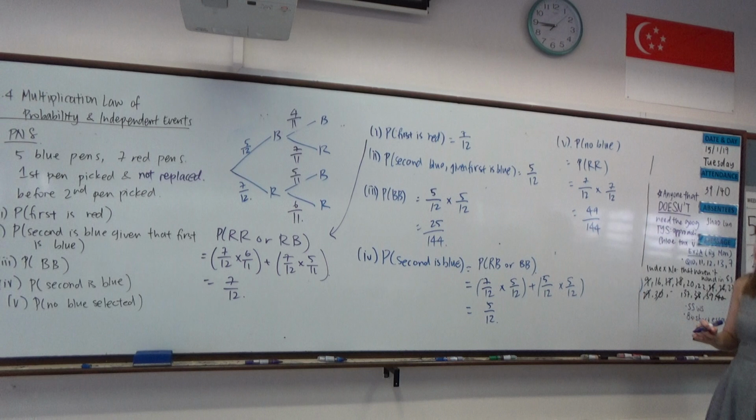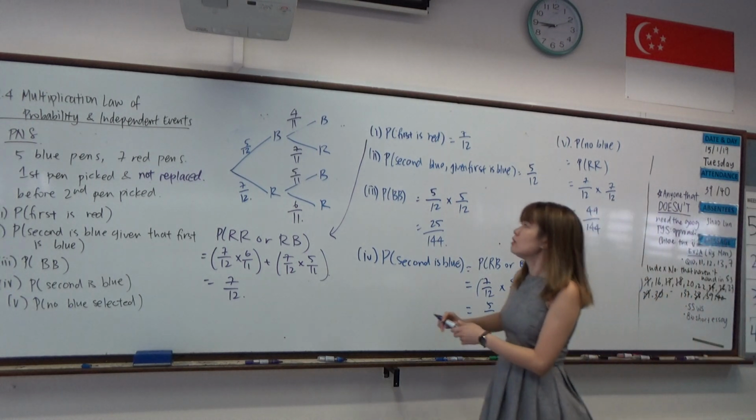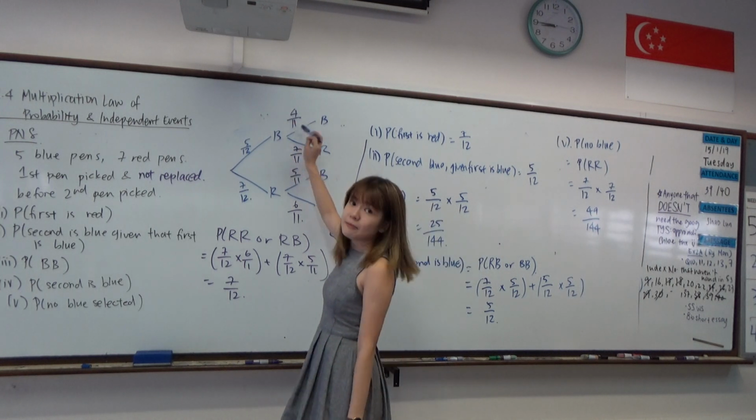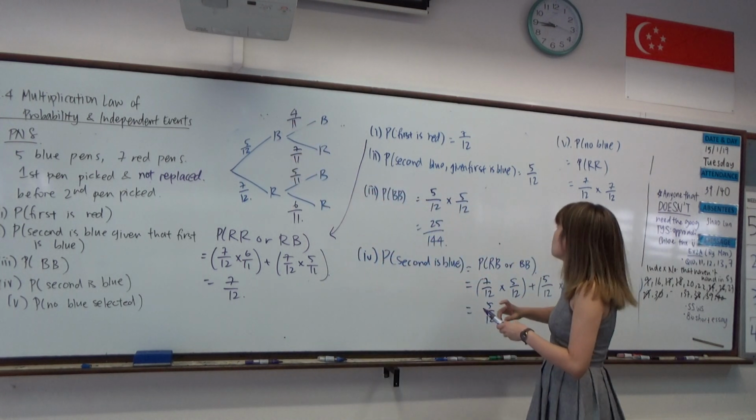For part 2, second one to be blue given that the first is blue. So the first one is blue, you want the second one to also be blue. So the probability in this case will be 4 over 11.